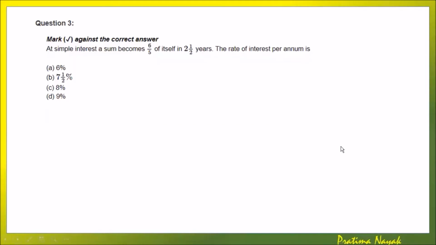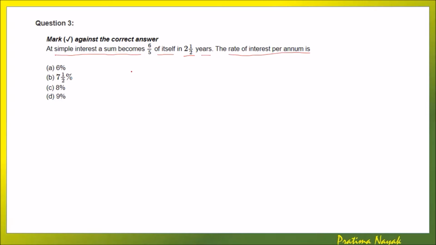Question number 3. At simple interest, a sum becomes 6 by 5 times of itself in 2.5 years. The rate of interest per annum is 6%, 7.5%, 8% or 9%. So the sum becomes 6 by 5 times of itself.